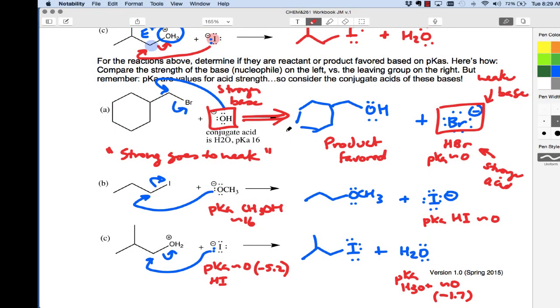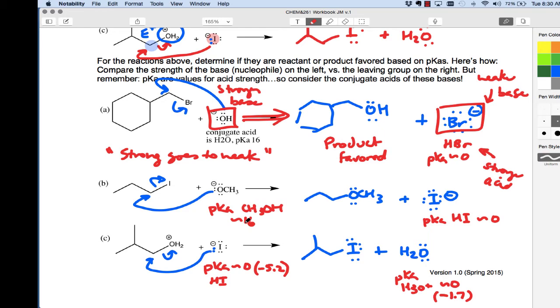All right, guys, now we're back, and I'm showing the conjugate acid. That's very important, okay? It might be obvious when these are negative, but if they are neutral, it's sort of hard to remember. You have to add the hydrogen and look at the pKa, because in this context, this is the base, so you have to look at its conjugate acid, all right? So this is an alcohol.